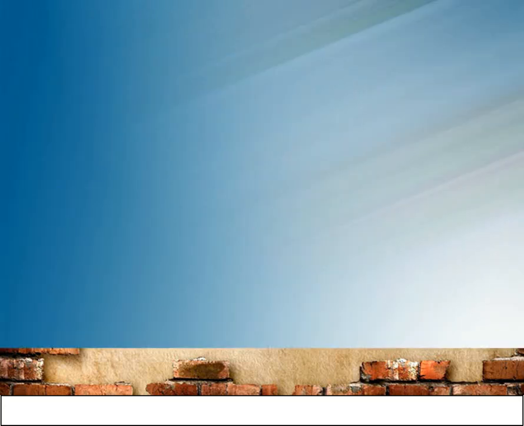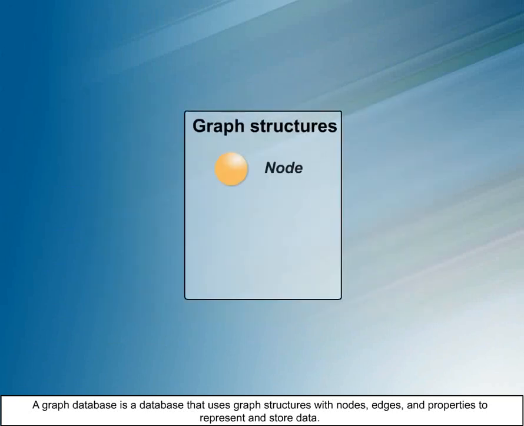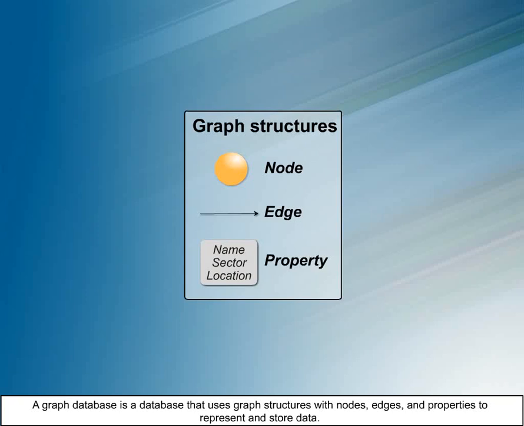Graph database. A graph database is a database that uses graph structures with nodes, edges, and properties to represent and store data.